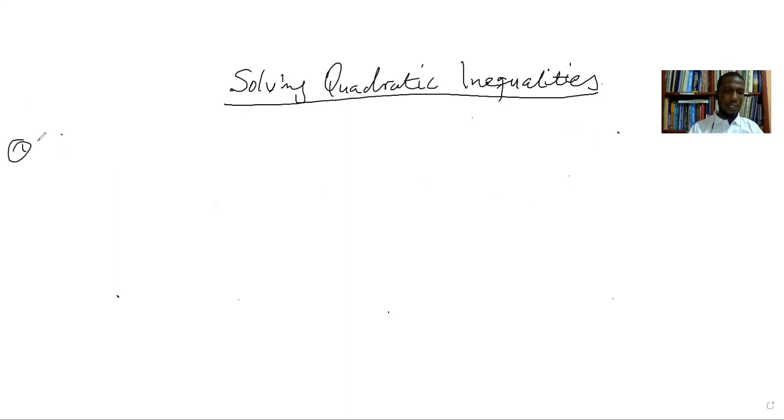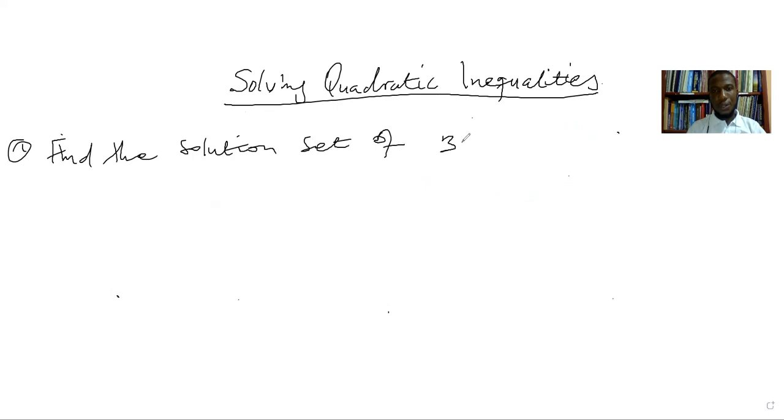Question 1 says, find the solution set of 3x squared minus 19x plus 6 less than 0.